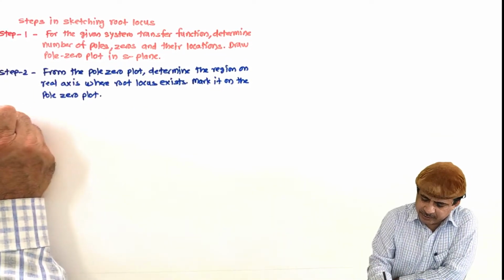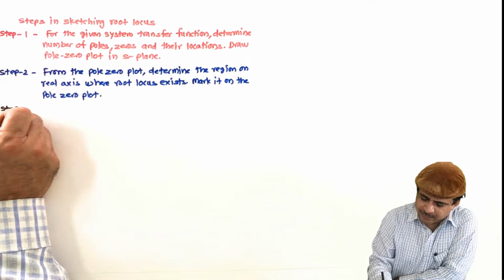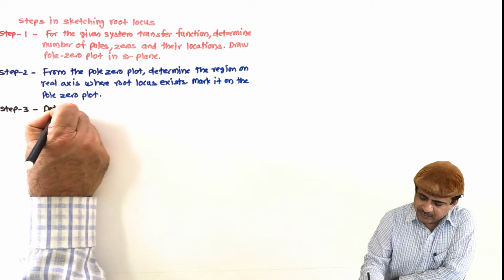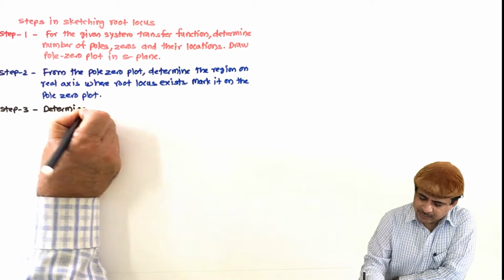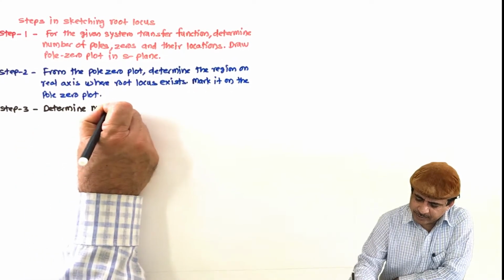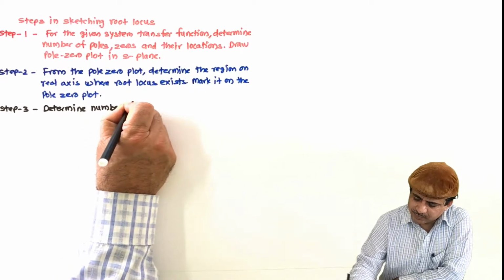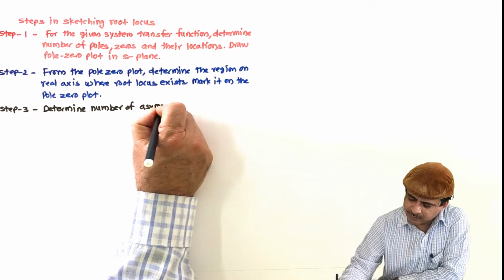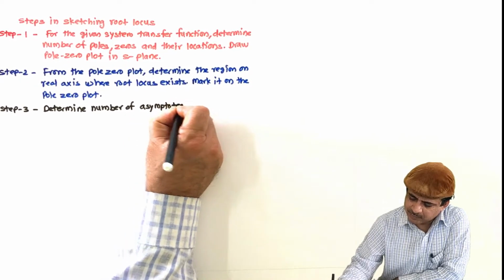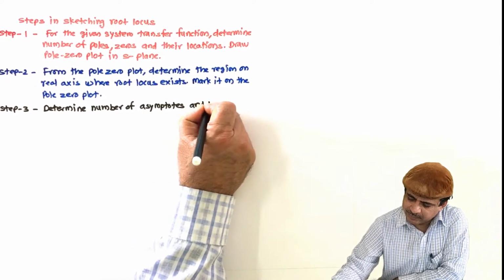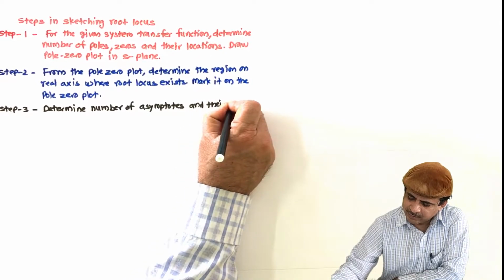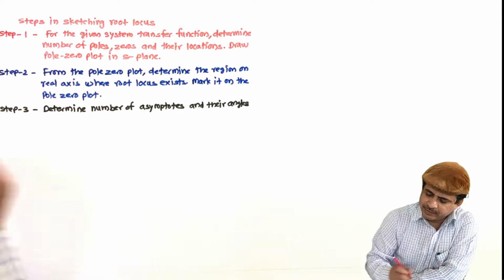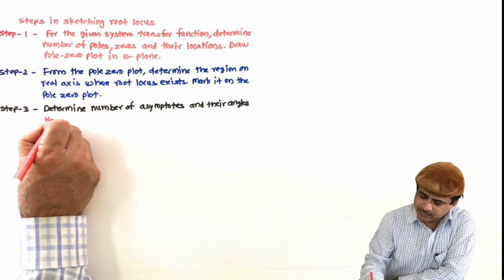Step number 3 is: determine the number of asymptotes and their angles. So how to find the number of asymptotes?